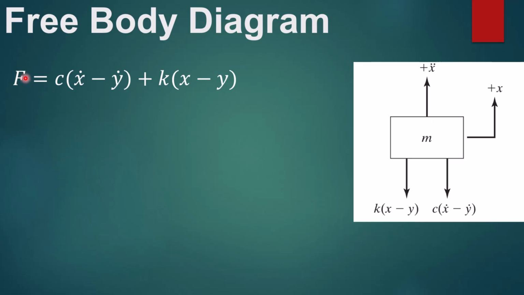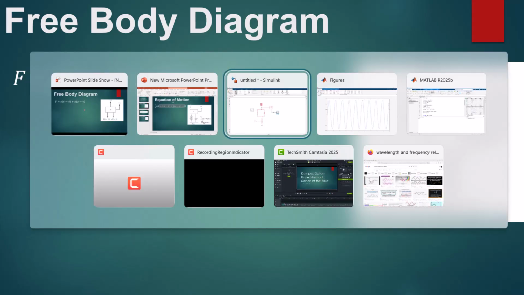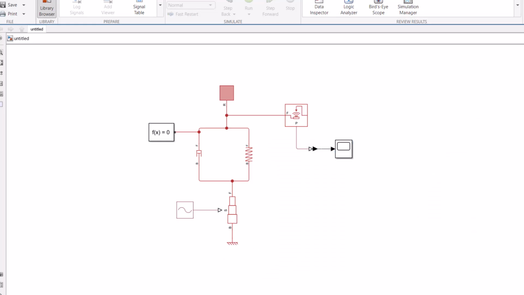So F is equal to C times (x dot minus y dot) plus k times (x minus y). Actually, it is the absolute value of the force. Since the force is downwards, if we want to be more accurate, I have to add a negative sign behind all of these terms. But forget about it for now.